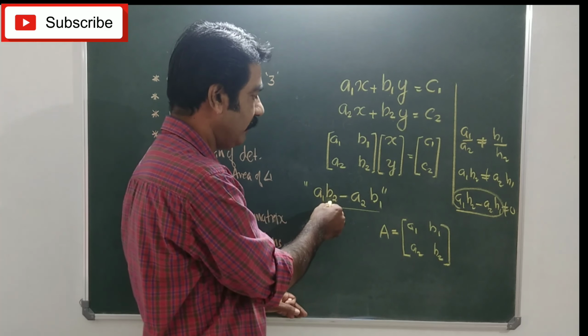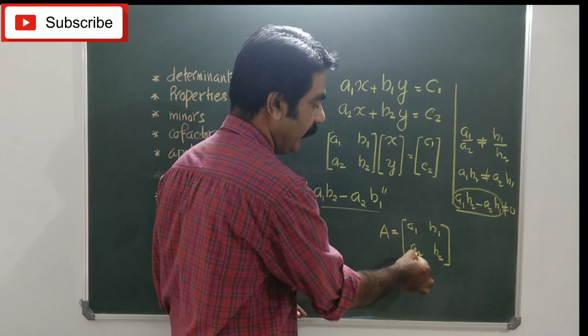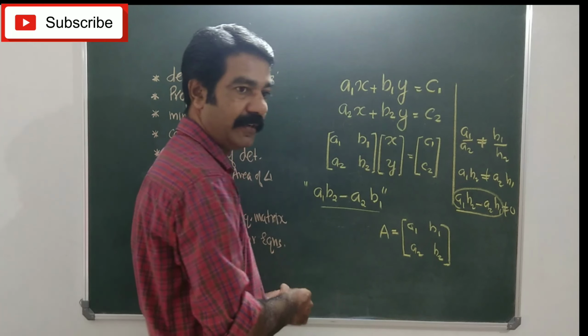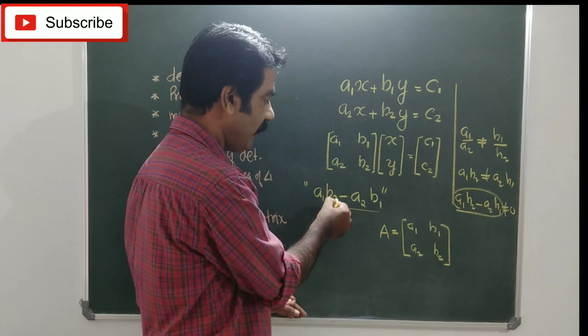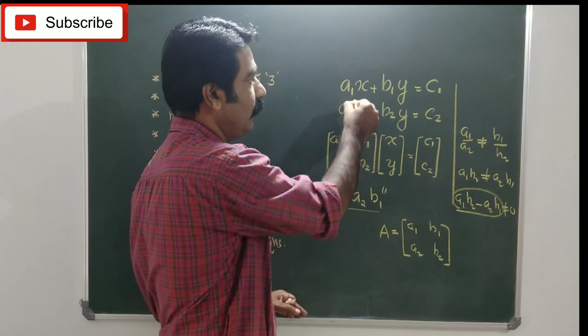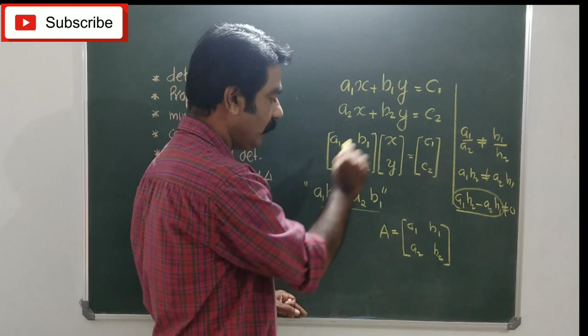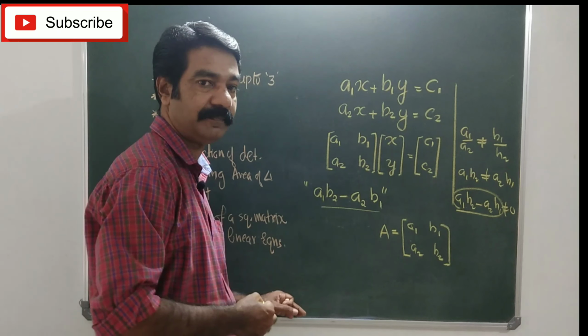and this number is related to the matrix A equal to a1 b1 a2 b2, and is called the determinant of the matrix A. The value a1 b2 minus a2 b1 determines the uniqueness of the solution of this equation, and this value related to the matrix is called the determinant of the matrix.